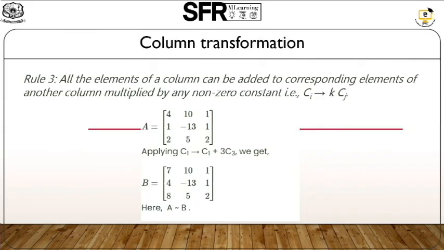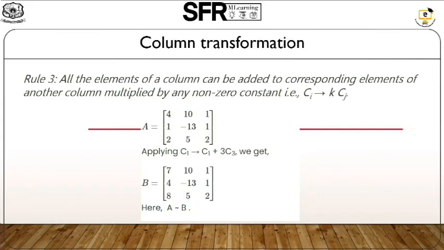In the first column we are having 3 elements, that is 4, 1, 2. So, here the rule is C1 plus 3 into C3. Here we are adding and then multiplying by a non-zero number. So, here we are applying rule 2 and rule 3.